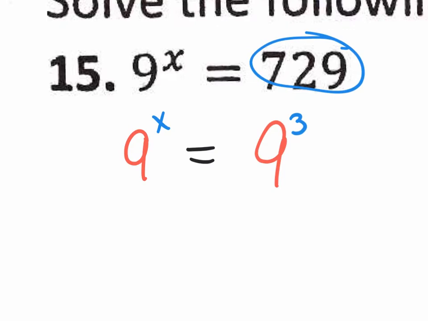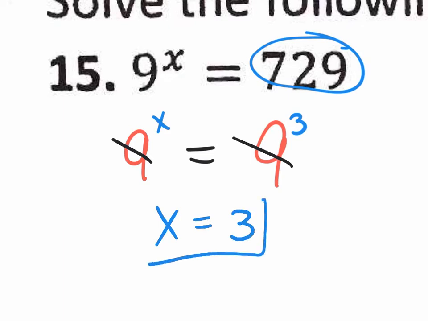And now that we have the same base, I hope we remember that you could just eliminate those bases and the exponents come down and create a new simple equation. So the 9s disappear and your new simple equation is x equals 3. Now sometimes you have to solve it, but if you just have the answer already, you're done. But if you would have had like a 2x plus 1 equals 3, then you'd have to solve that equation.